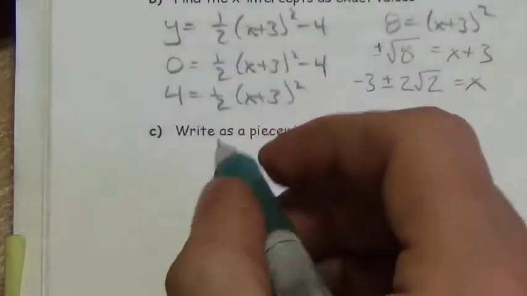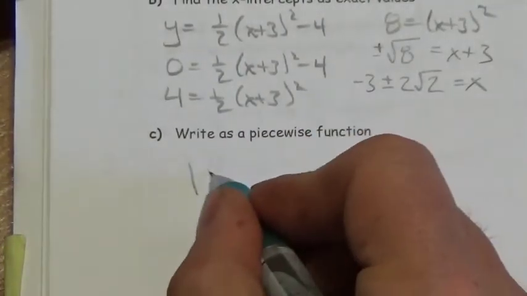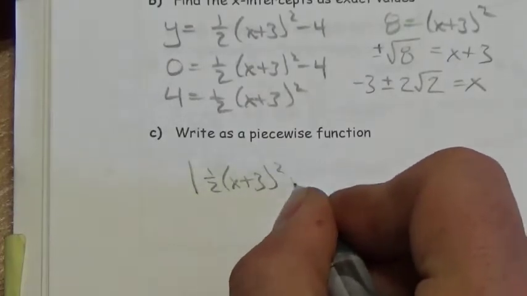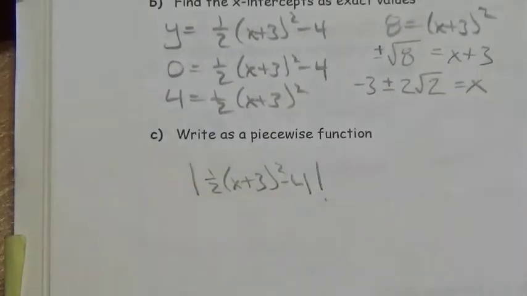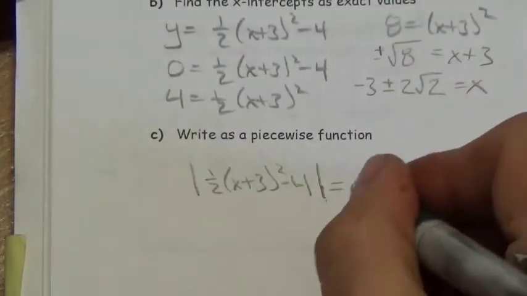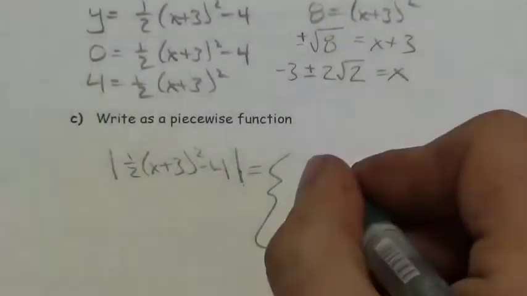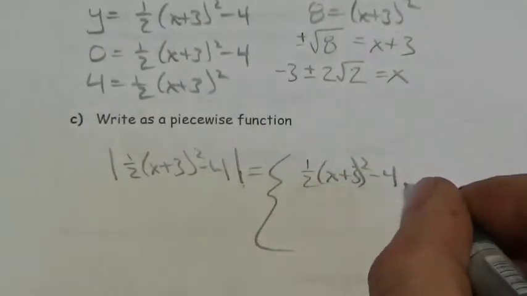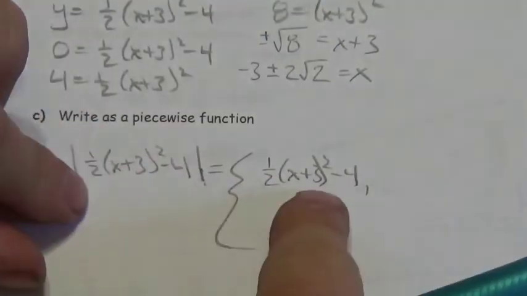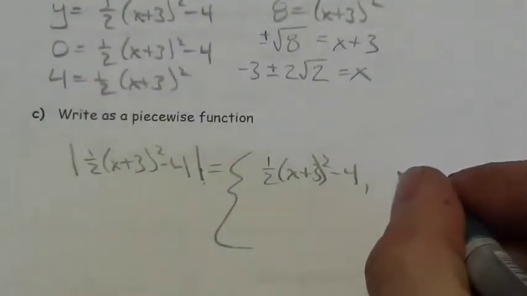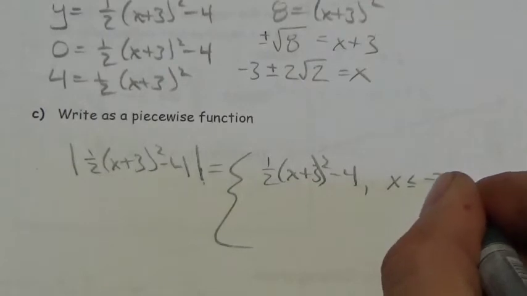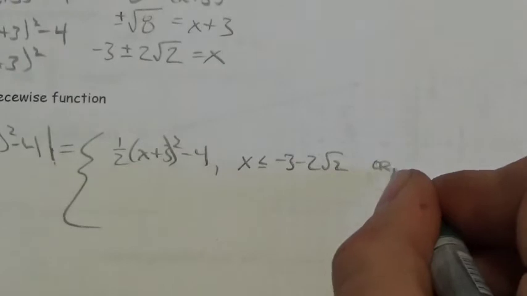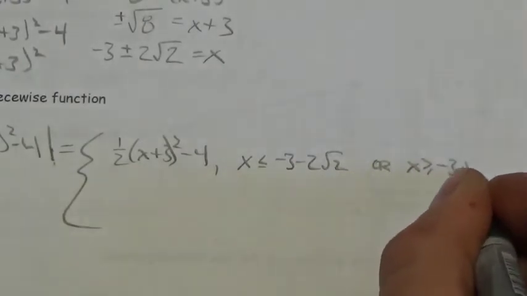So if I'm going to come up with a piecewise function, I'm going to have the absolute value of 1/2(x + 3)² - 4 is going to equal 1/2(x + 3)² - 4. This occurred, no change, exactly the same graph, when x was less than or equal to -3 - 2 root 2, or x was greater than or equal to -3 + 2 root 2.